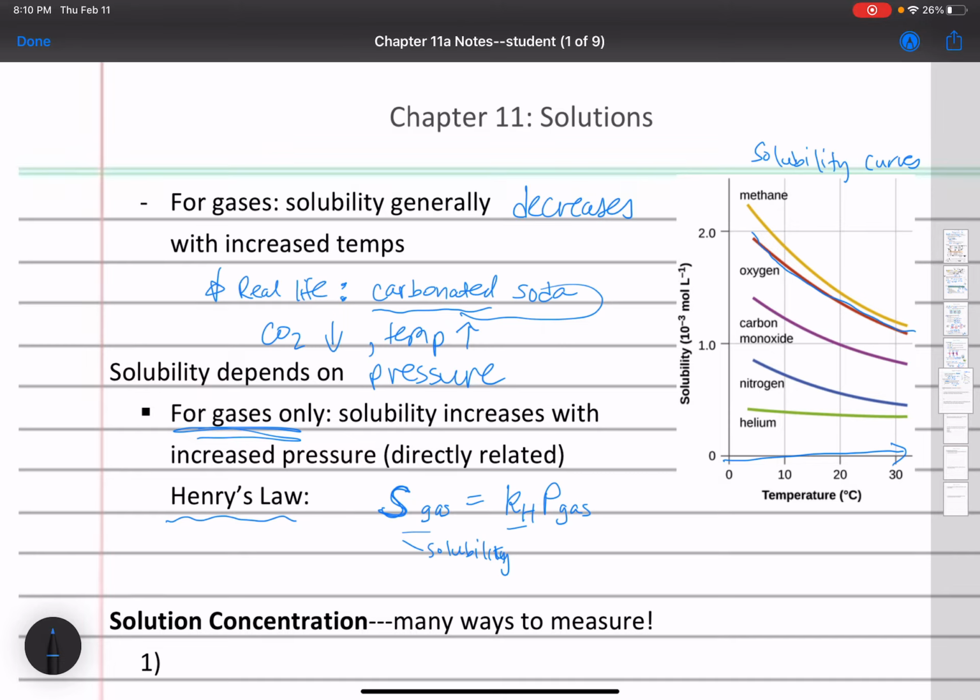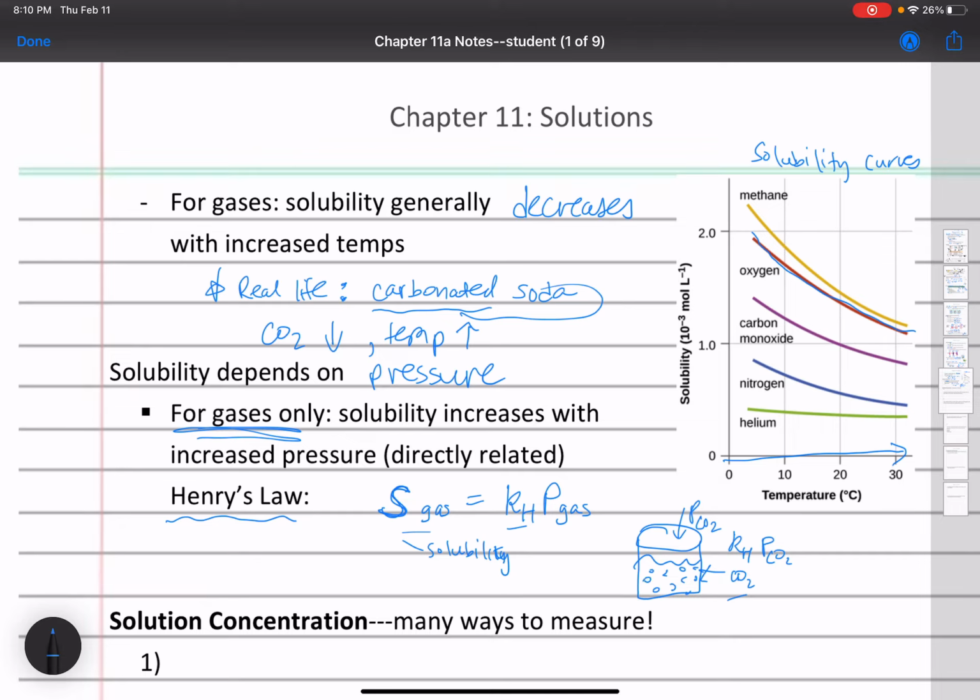So for example, if you wanted to figure out the solubility of carbon dioxide in, I don't know, Diet Coke, we could look up the Henry's constant for carbon dioxide, and we'd have to know the pressure of carbon dioxide in this pressurized can or bottle, and then we could calculate the solubility of carbon dioxide.